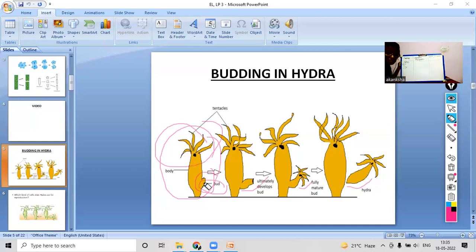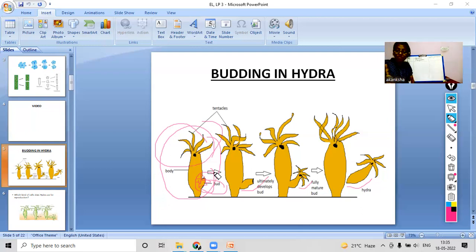This bud starts to grow, and then tentacles start to grow on the bud, and then the bud detaches itself from the main parent organism. So this was the process of budding.